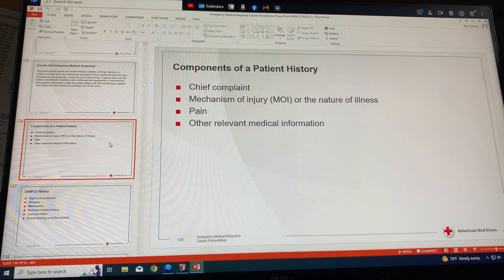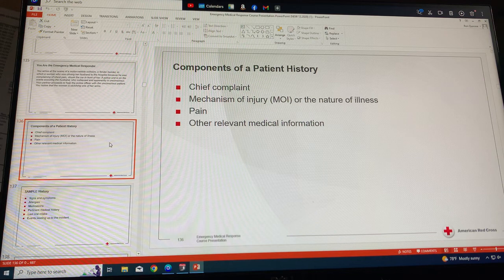Record the chief complaint in the patient's own words. Keep in mind that the most obvious problem is not always the most serious problem. For instance, if a patient's arm is mangled in a car crash, it may appear to be the chief complaint until you find out the patient is having chest pain and crashed the car after blacking out.